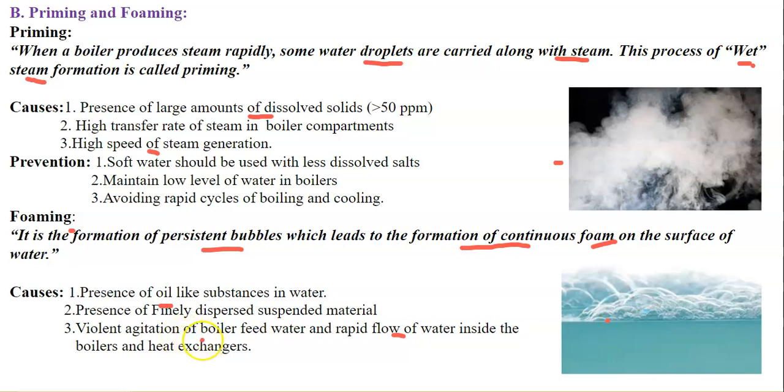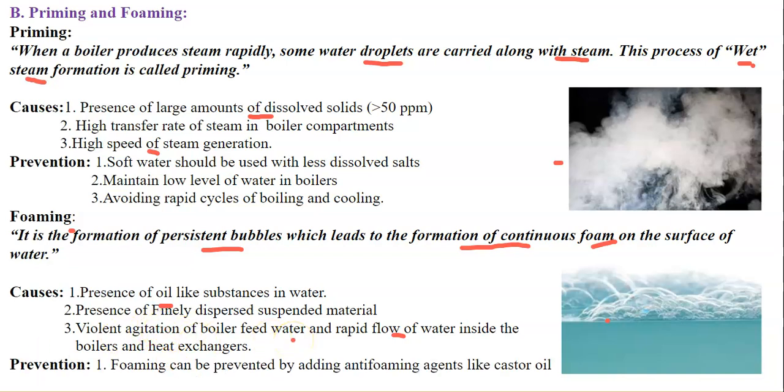So violent agitation is violent mixing. In boilers, when we are converting the water into steam, agitation is taking place inside the water. The water is being circulated. So if it is a violent agitation, then it can also lead to the formation of foam. So how can we prevent foaming? Foaming can be prevented by adding anti-foaming agents, like castor oil.